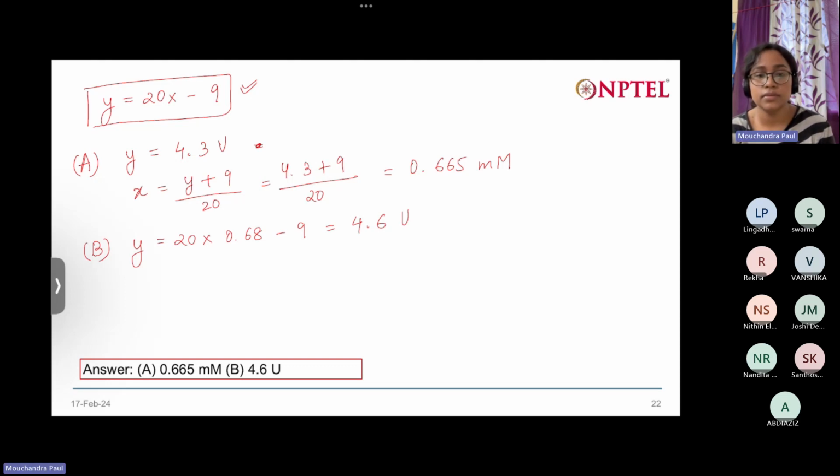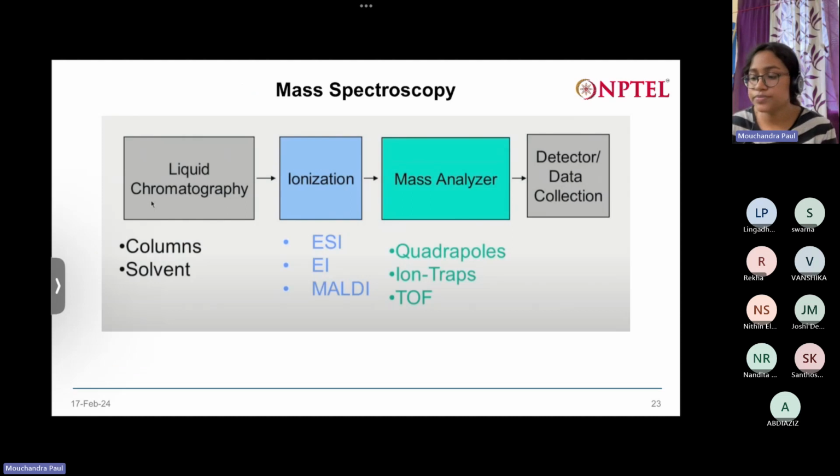Any query? If no, maybe you can give a thumbs up. Okay, great. So everyone understood this particular question, then I'll move on.